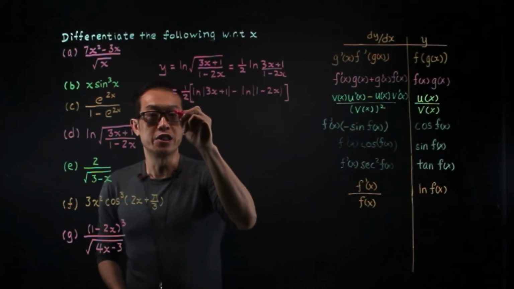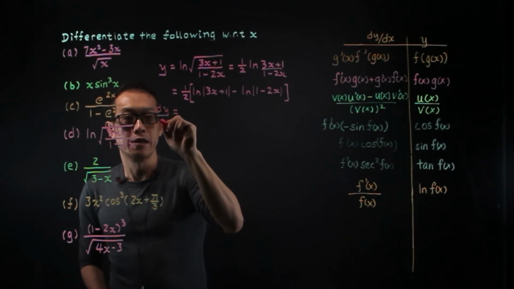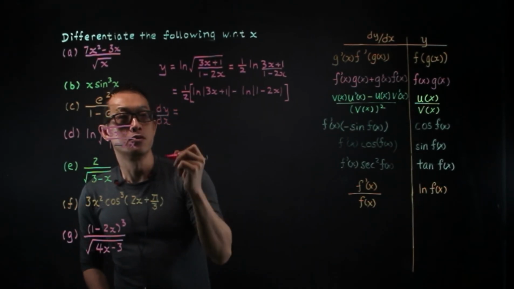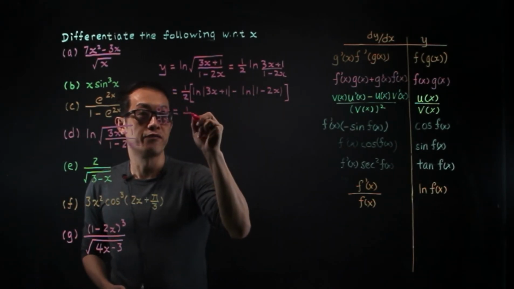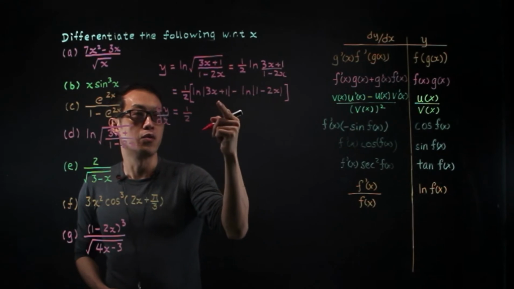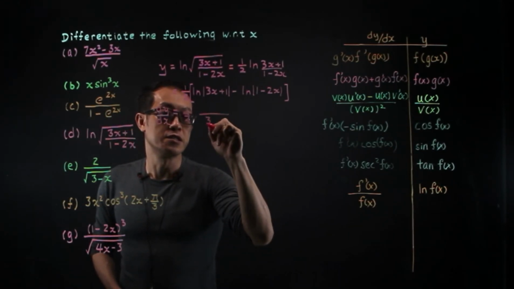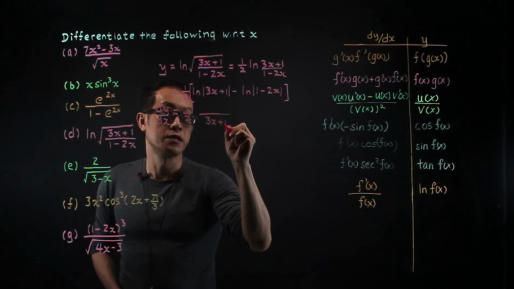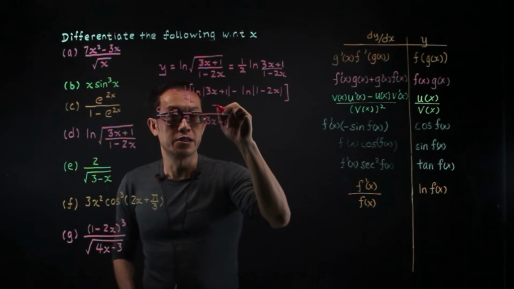Now then we differentiate each of them separately. So dy by dx is equals to half. Differentiate ln is 1 over the function, so this is 3x plus 1. Differentiate the inside, 3x plus 1 is actually 3.